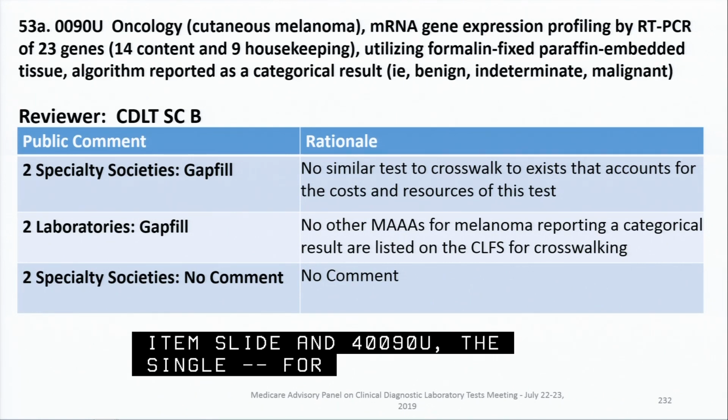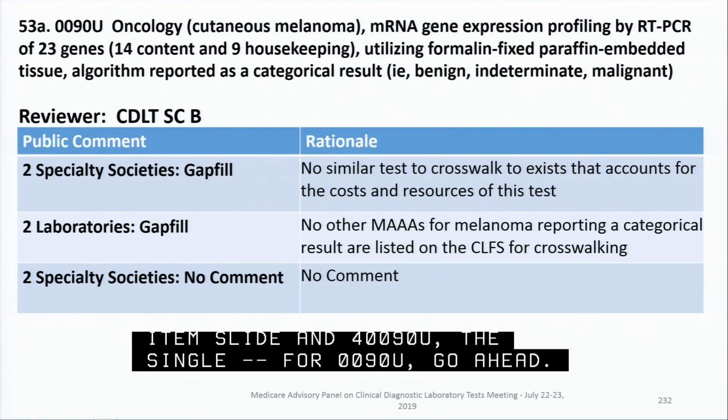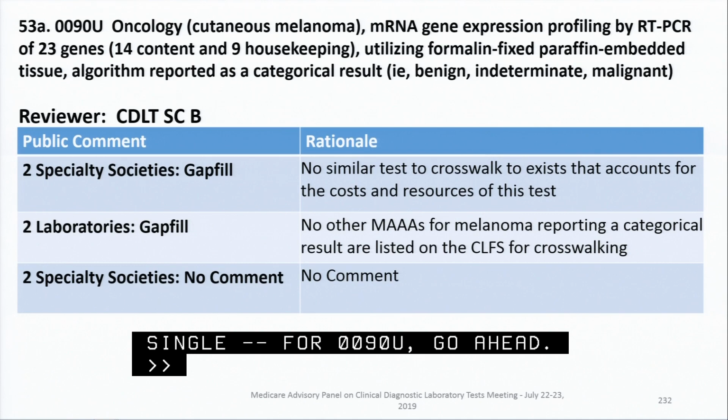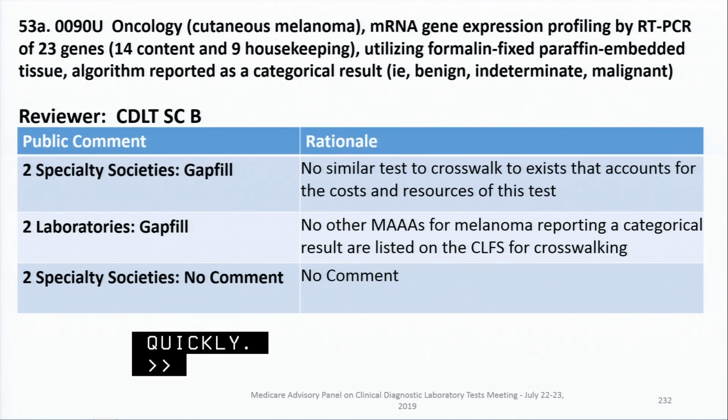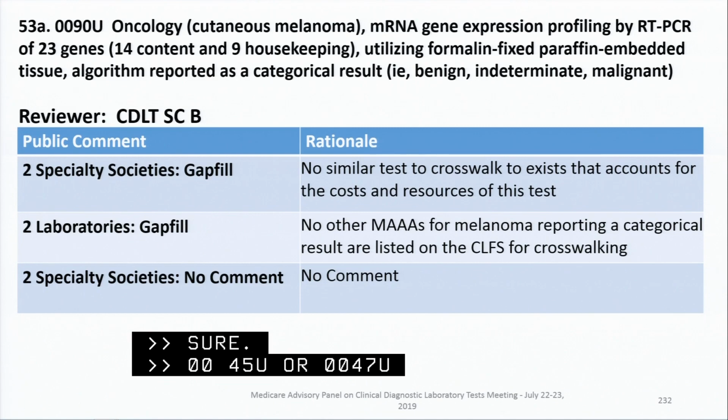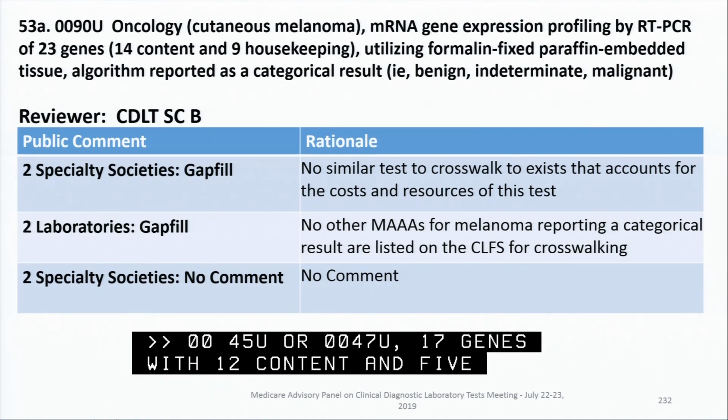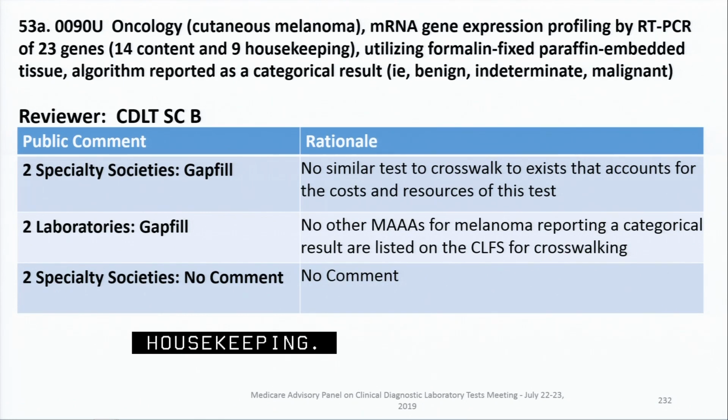So sorry, I was looking through this quickly. Sure. 0045U. Or 0047U. Again, 17 genes with 12 content and 5 housekeeping. So it is a close fit, not quite as good as before, but still pretty similar.